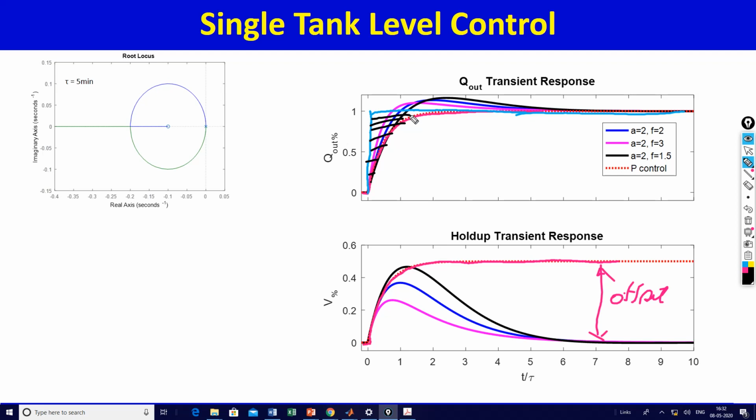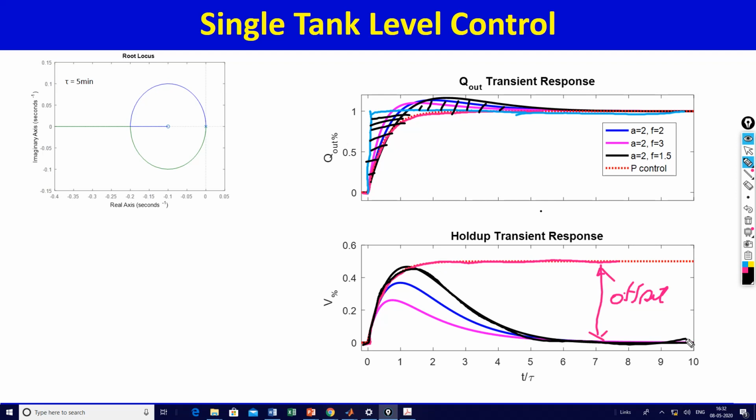This extra volume that has accumulated in the tank must be discharged, so flow out must become more than flow in, and so you got this area. And the two areas are equal, and that is why the level gets driven to 0, no offset.